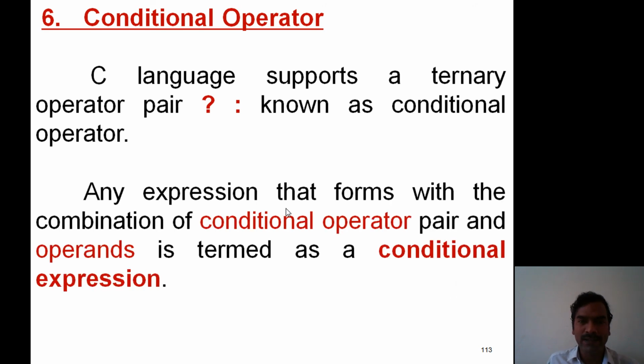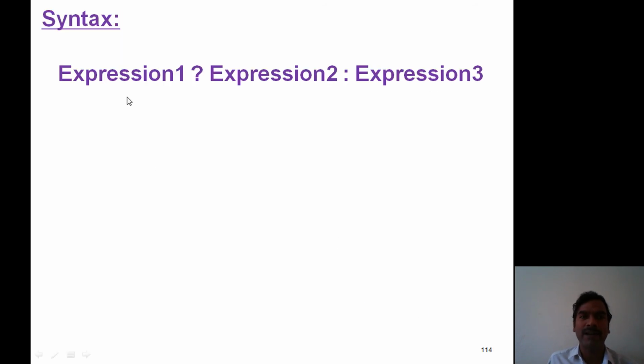Any expression that forms with the combination of the conditional operator and operands is termed a conditional expression. This definition is important. A conditional expression is formed with the combination of the conditional operator and operands. Now observe the general format of the conditional operator.